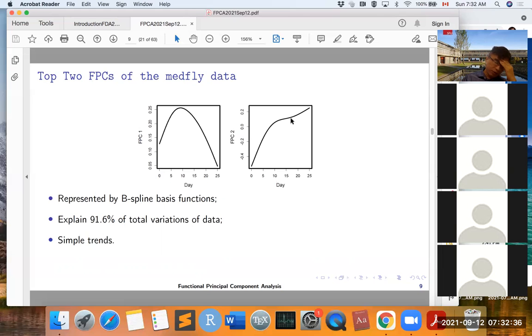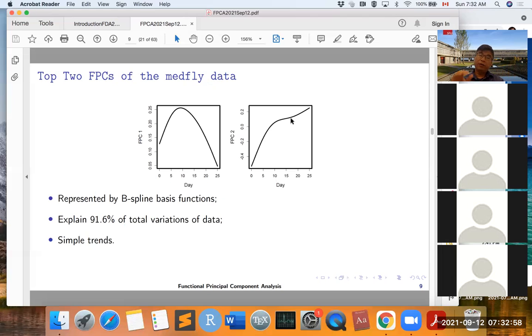But I still don't know why the first LPC has to be always positive. I guess maybe in nature, when we look at the variation in the curves, the most variation is the mean, right?